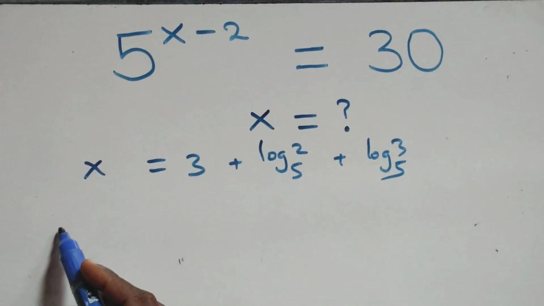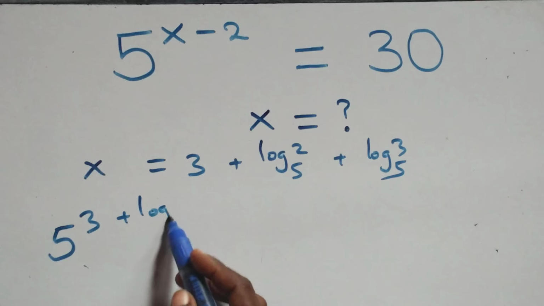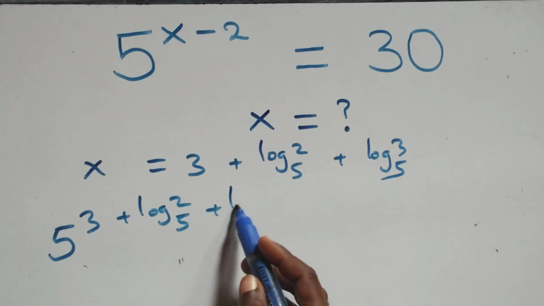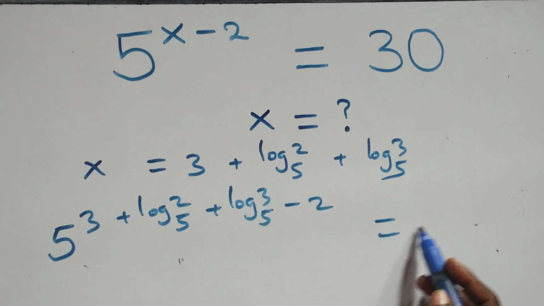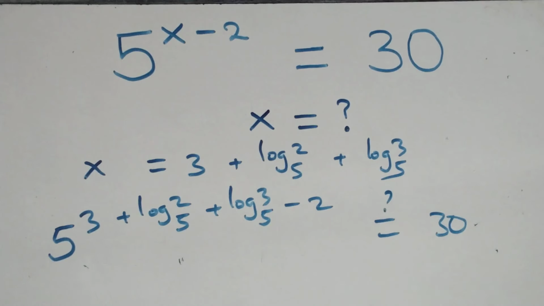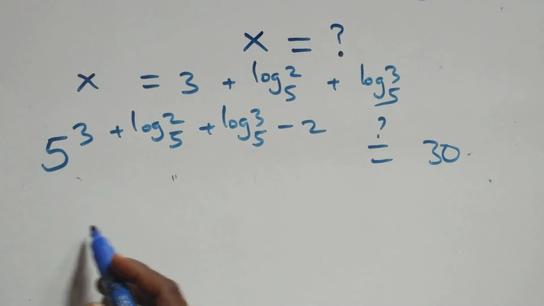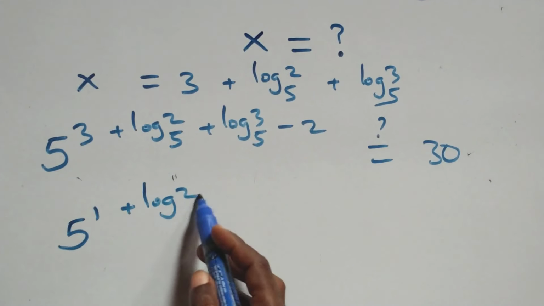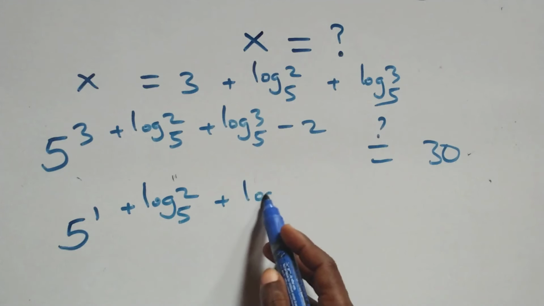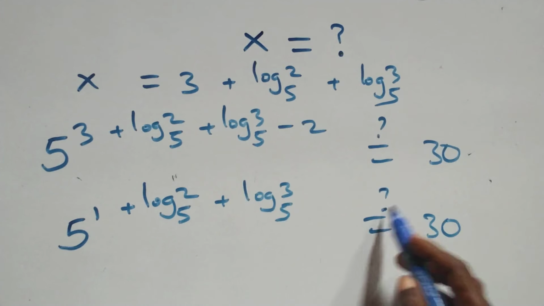All we have here becomes 5 raised to power 3 plus log 2 base 5 plus log 3 base 5 minus 2 here. Is it equal to 30 on this side? That is, from here, we have 3 minus 2, that's 1. This is the same thing as 5 raised to power 1 plus log 2 base 5 plus log 3 base 5. Is it equal to 30 on this side?